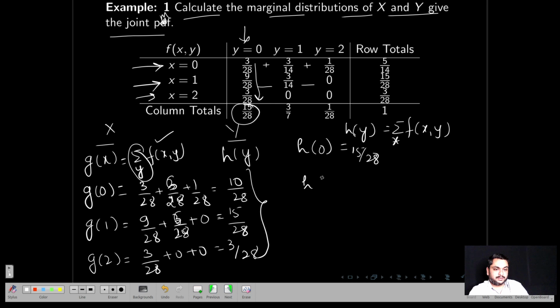Next, h of 1 means fix y equal to 1 and then add over it. We'll get 3 by 7. H of 2 is equal to, fix y equal to 2, then add these values, 1 by 28. So this is the marginal probability distribution for random variable y.